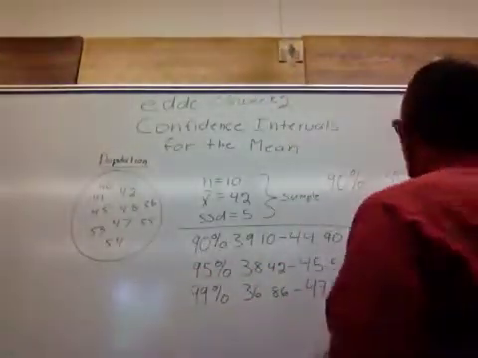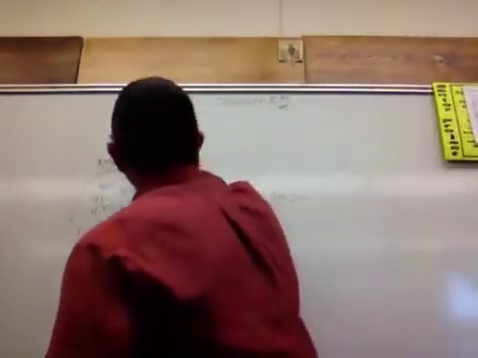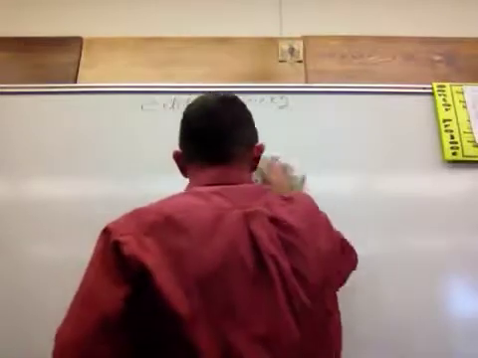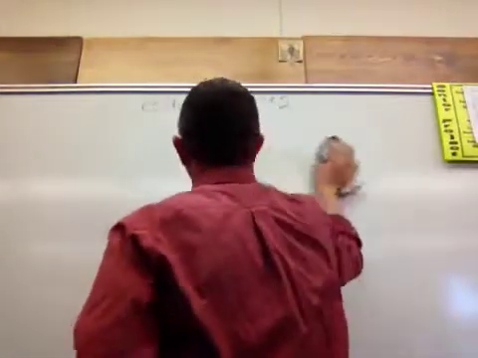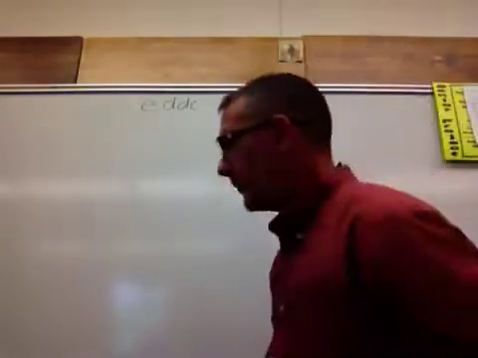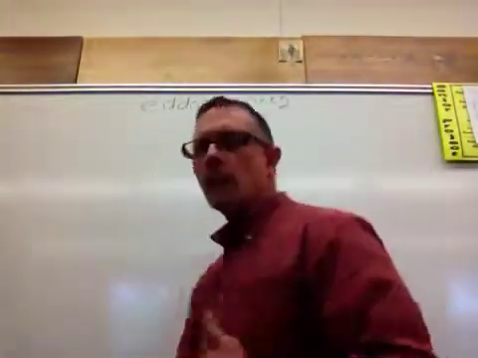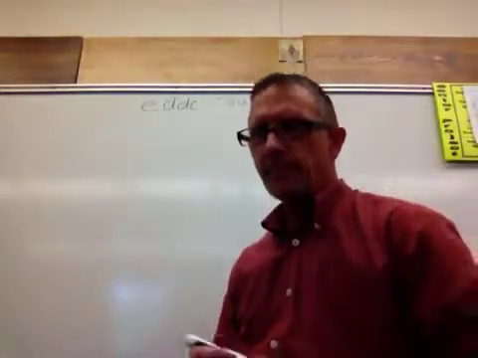The other topic we're going to work on this week is called confidence intervals for proportions. Okay, what is a confidence interval for a proportion? Let's say that we want to do some political sampling.